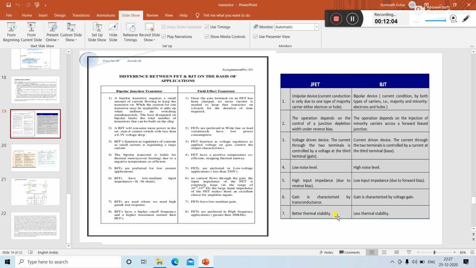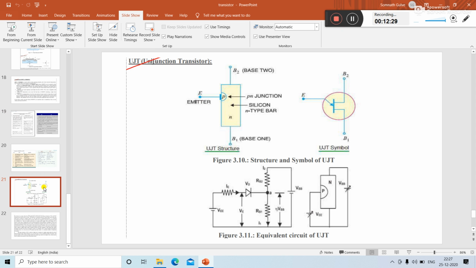But in case of a JFET, this drawback is overcome. Then the output to input ratio, that is the gain, is high in case of a JFET, but in case of a BJT it is smaller as compared to the JFET.